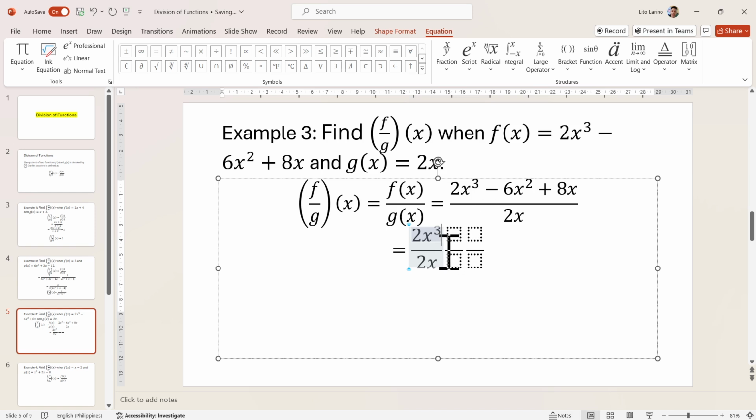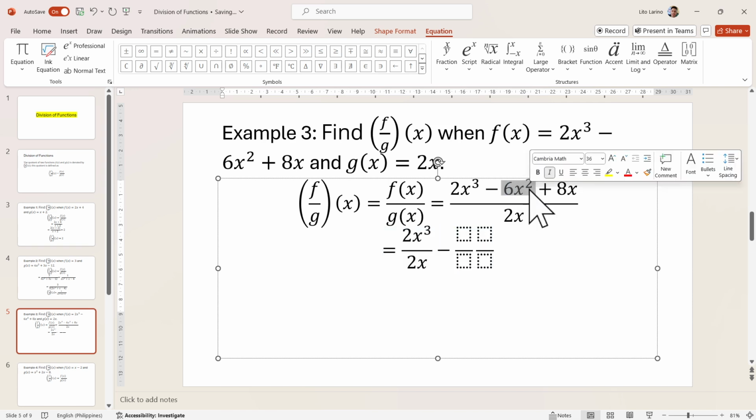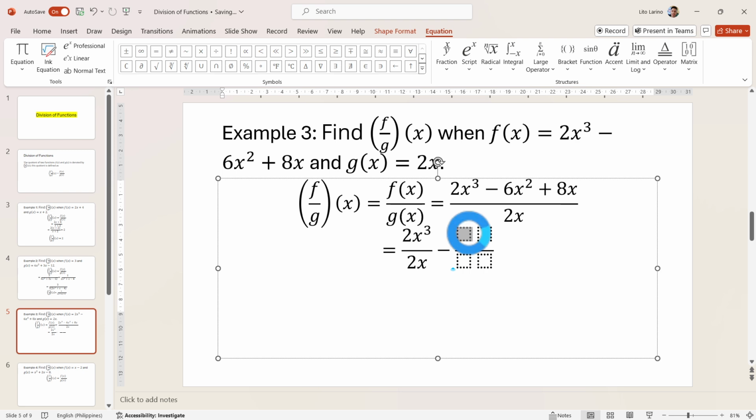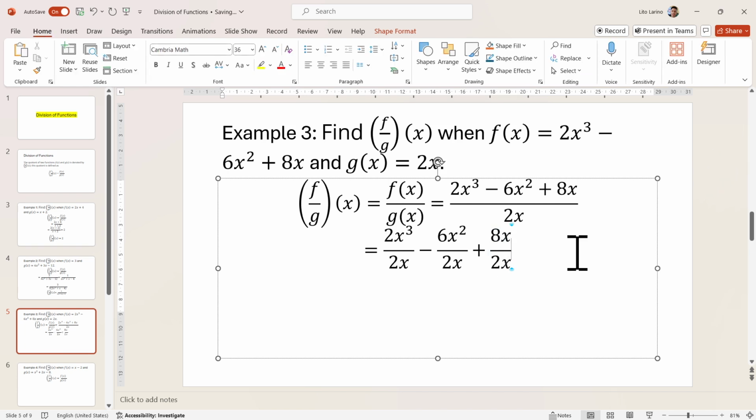Again, then that is minus our second term, negative 6x squared, again divided by 2x, and plus 8x will also be divided by our denominator 2x. This is how it looks when we do it step by step.